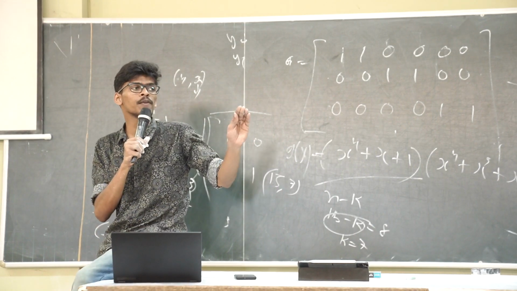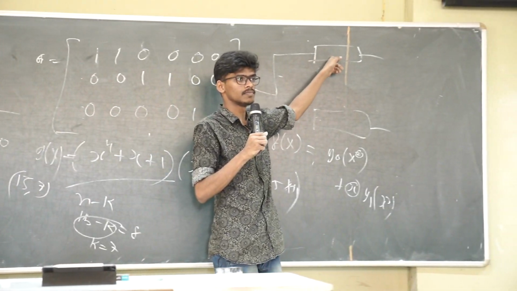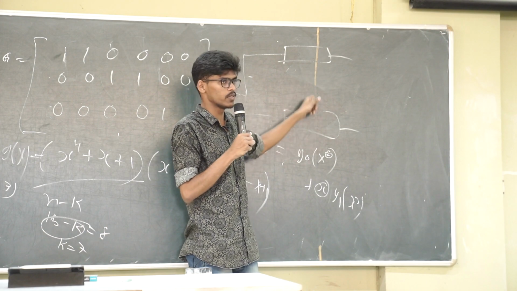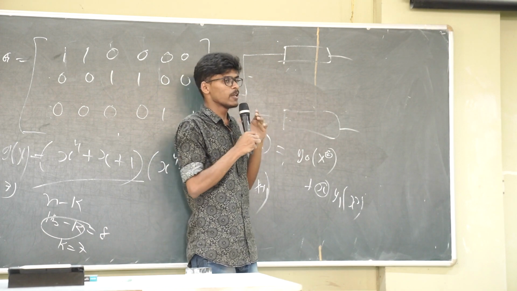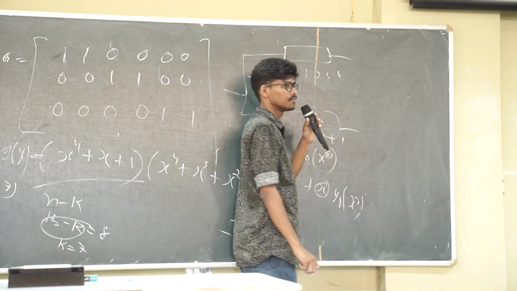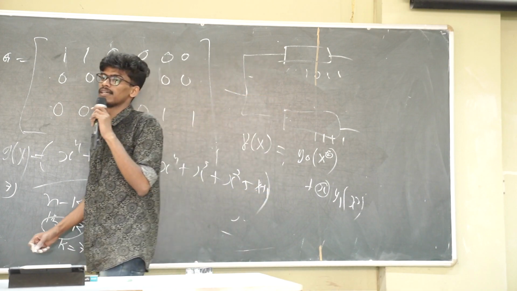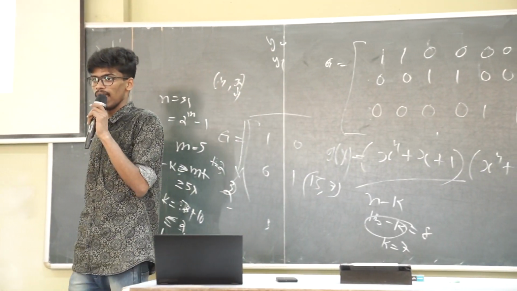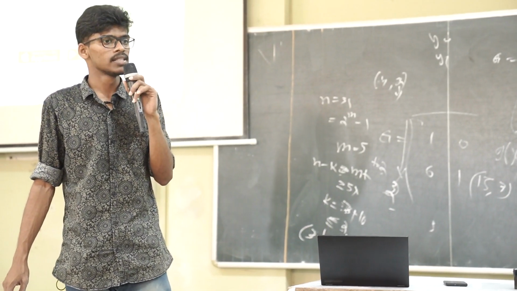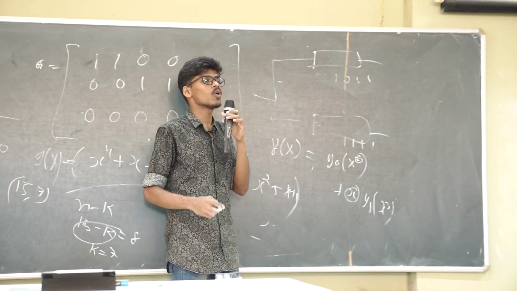For infinite messages, you can multiply if g of x is given. If you know the impulse response of these two, suppose it is given as 1 0 1 1, 1 1 1 1. What is our message bit? U of n, you can take the convolution of u of n with g0 of n, but it is an infinite message, right?